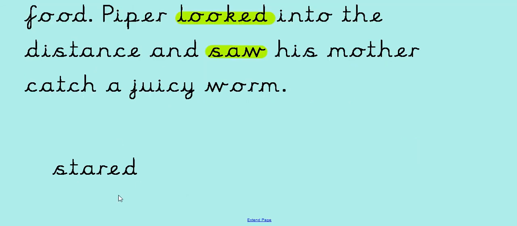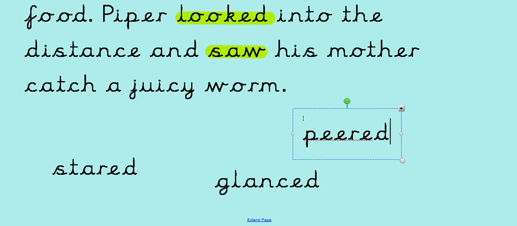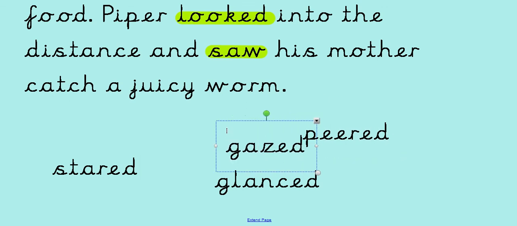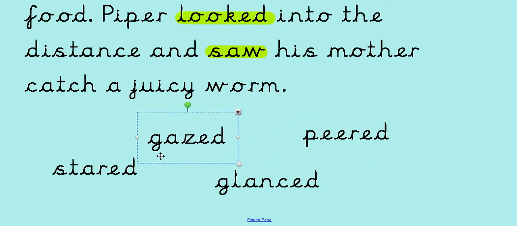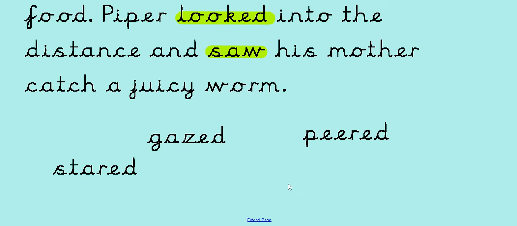So I've got stared here, I could have glanced. That's a looking word, isn't it? Glanced. I could have peered. Quite like that one. And maybe gazed. Okay, those are my options. I'm going to choose. We can't have glanced because when you glance, you kind of look really quickly. And I could see that Piper was not looking just a little bit. He was looking a lot. So I'm going to delete that one.